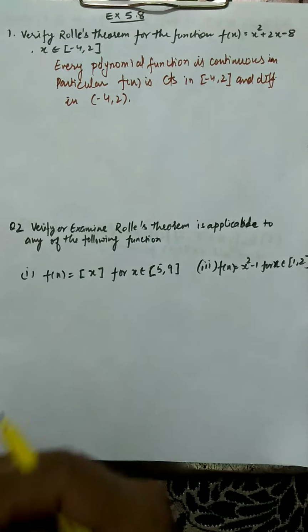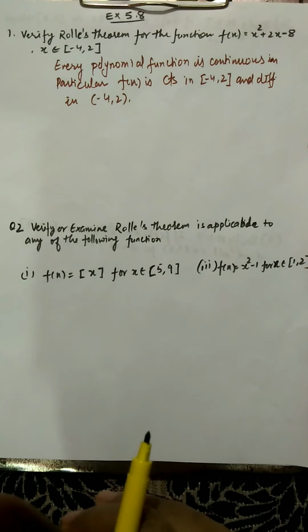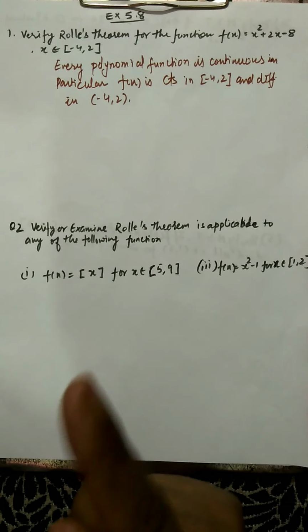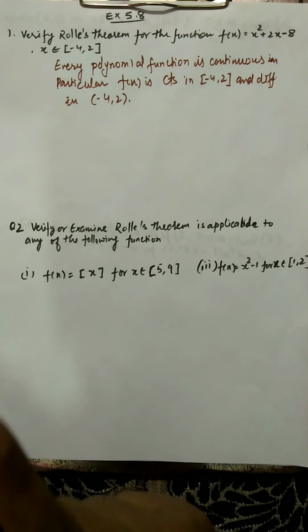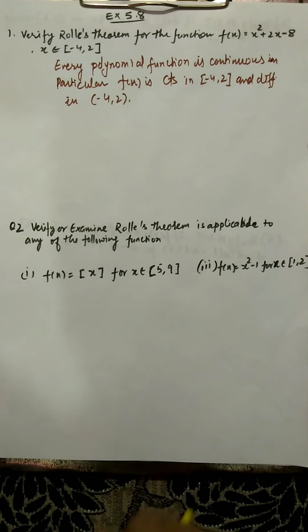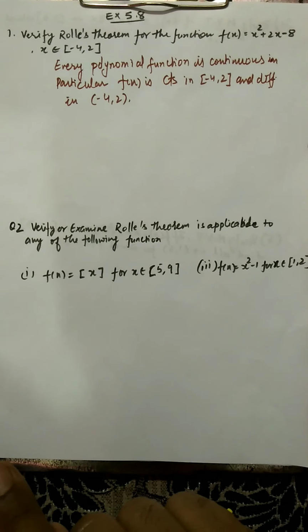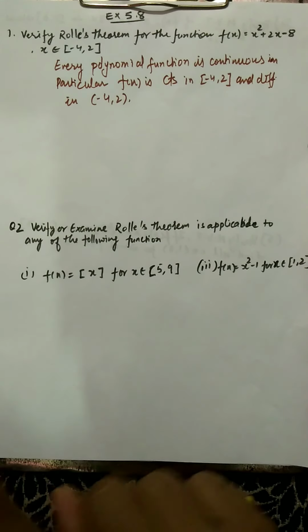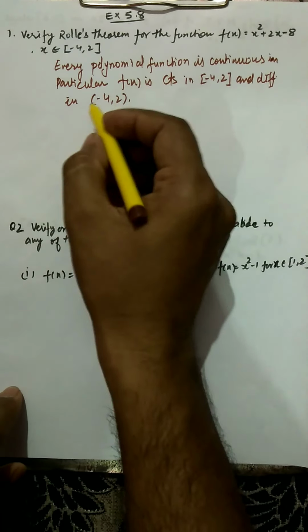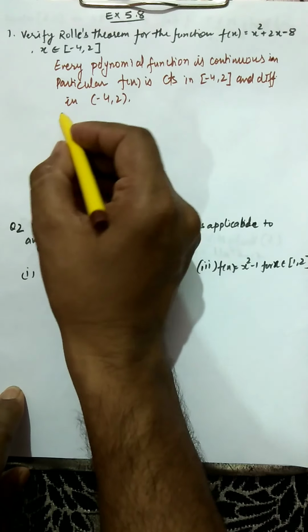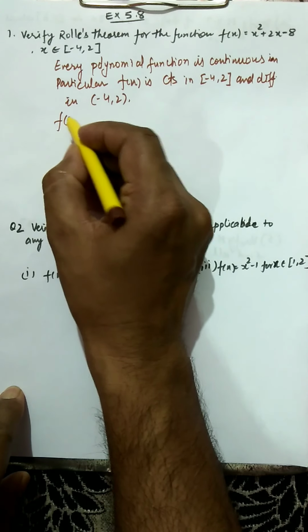Now the conditions of Rolle's theorem, there are 3 conditions. First condition is that it should be continuous in the closed interval AB. Second condition is that it should be differentiable in the open interval AB, and third condition is that f(b) equal to f(a). So now we are going to check whether f(b) equal to f(a) or not. So f(b) means f(2).